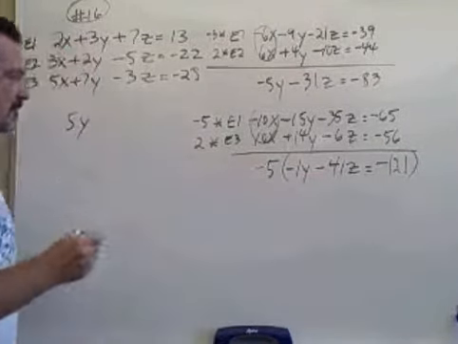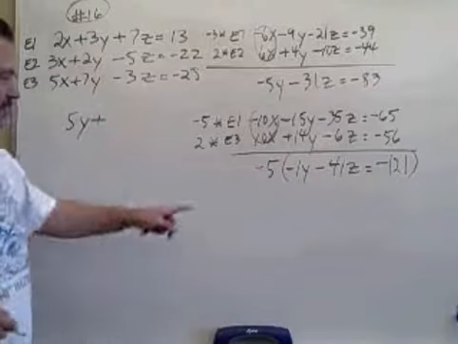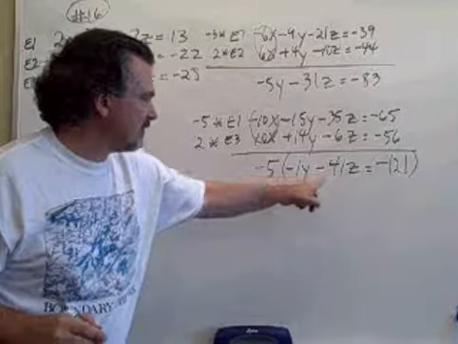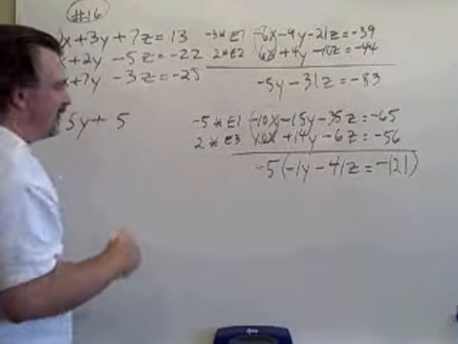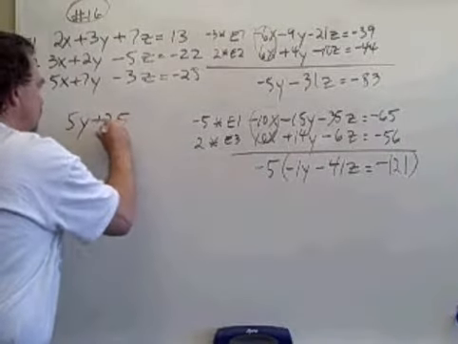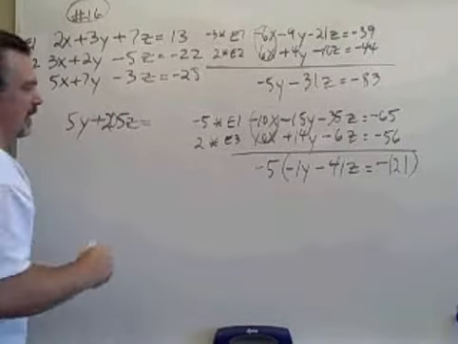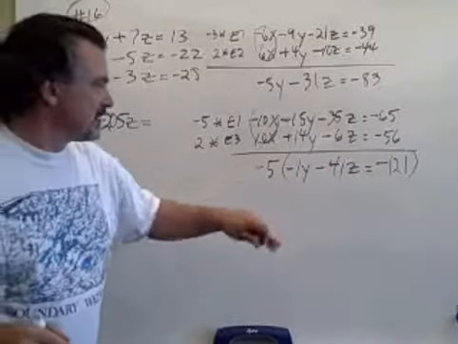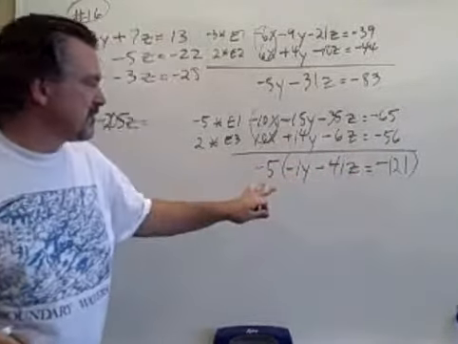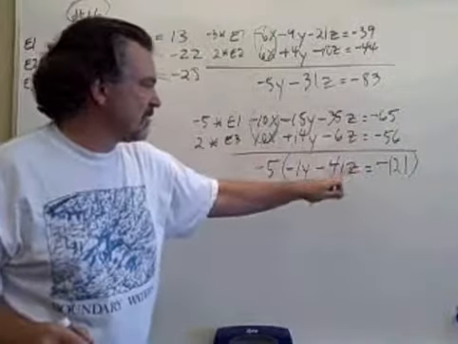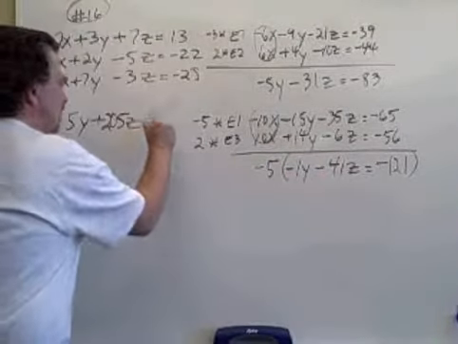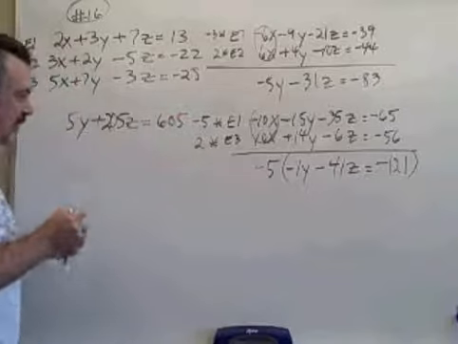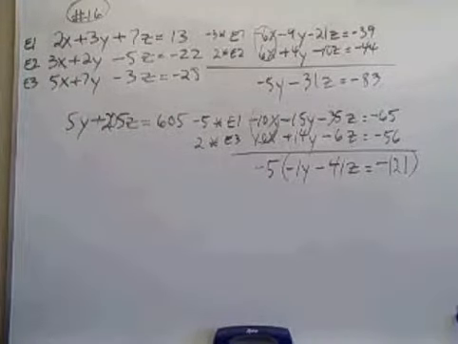Negative times negative is going to be plus, let's see, 5 times 41. 5 times 1 is 5. 5 times 4 is 20. Equals, negative times negative is positive. Let's see, 5 times 100 is 500. 5 times 20 is 100, so that's 605. If I did my multiplying correctly, which I hope I did.